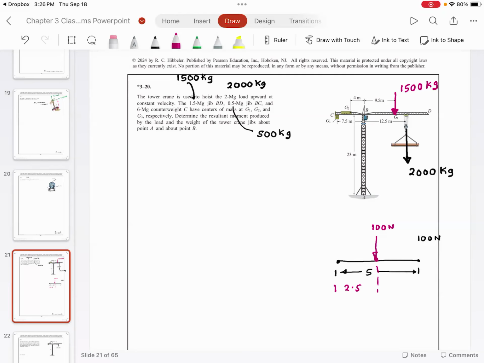So 500 kilograms here. And you have a concentrated load of 6,000 kilograms located here.